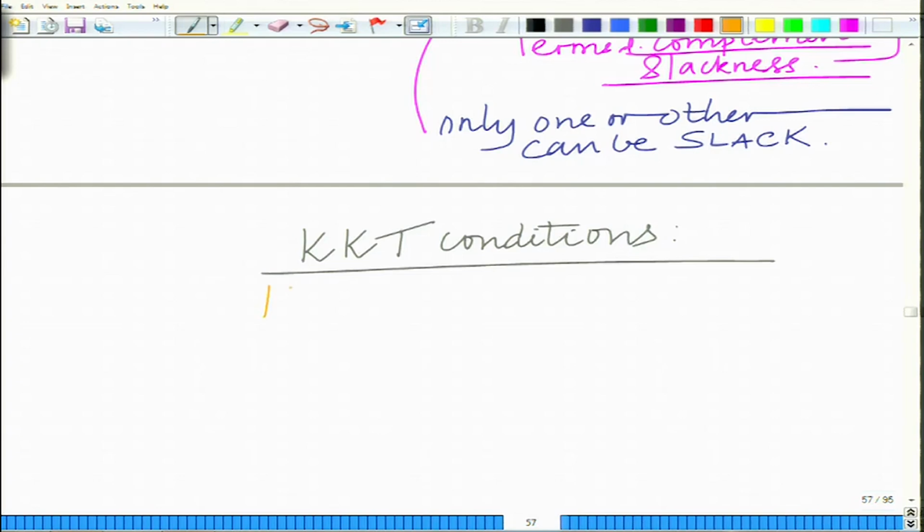These are your Karush-Kuhn-Tucker conditions.